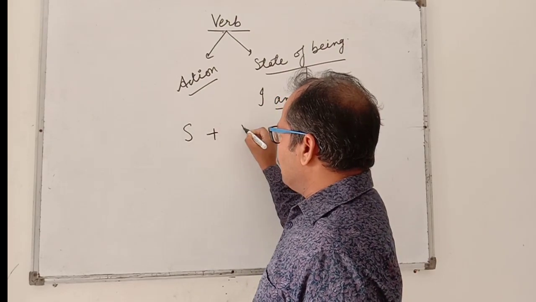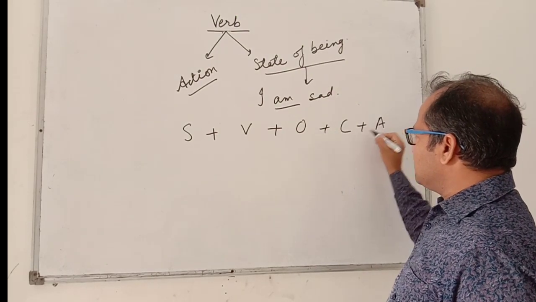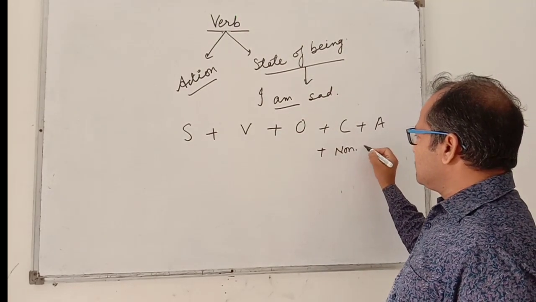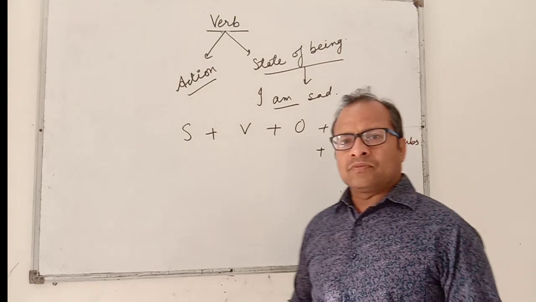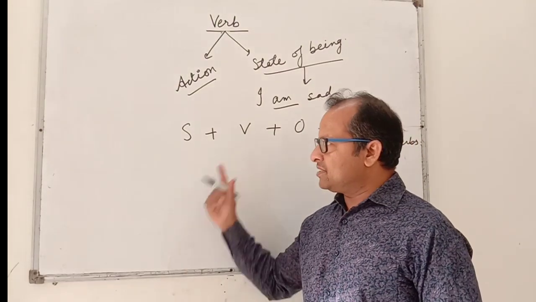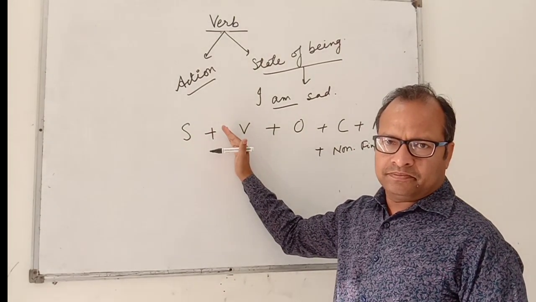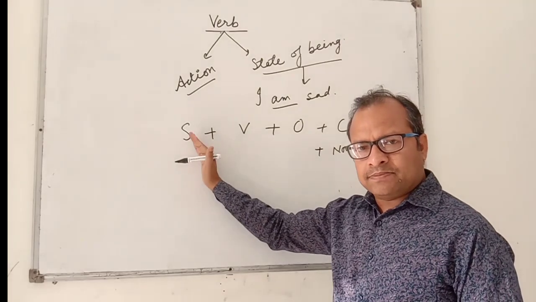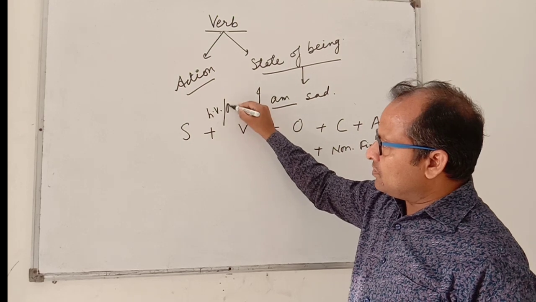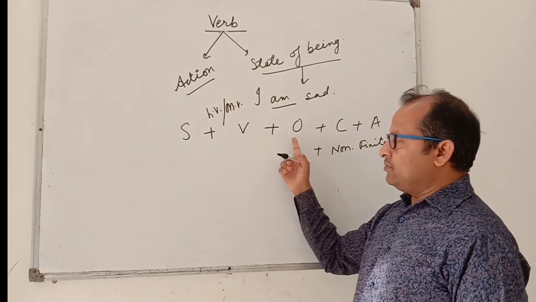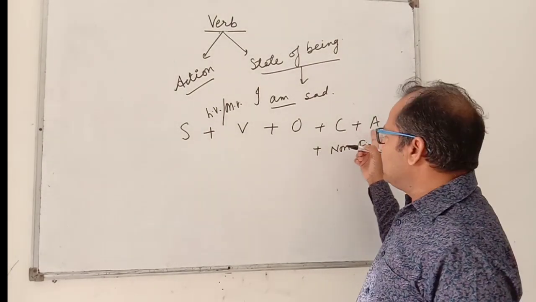Subject plus verb plus object plus complement plus adverbials plus non-finite verbs. So what have you understood out of this structure? That means after each and every subject you will find a verb, कहने का मतलब है हर सब्जेक्ट के बाद वर्ब आएगा, or either you will find the helping verb or modals, and then you will find the object and then complement and then adverbials.